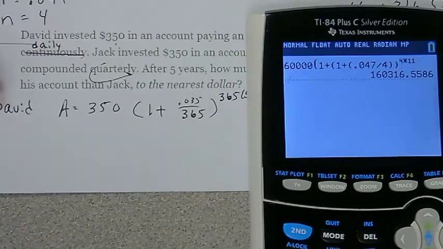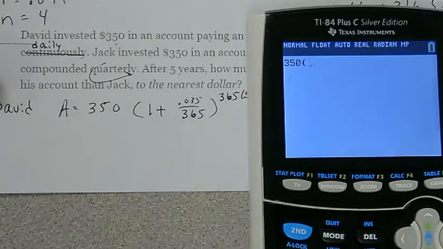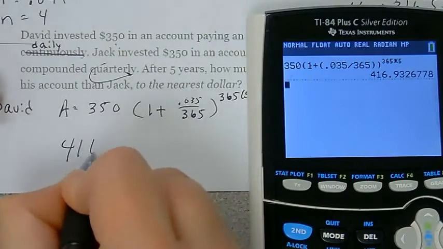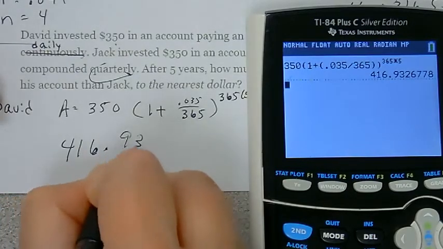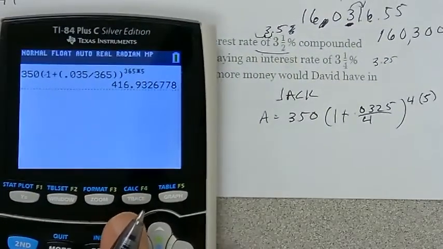So David is 350 times 1 plus 0.035 divided by 365 because this is daily. So he has $416.93. Okay, let's go over to Jack here.